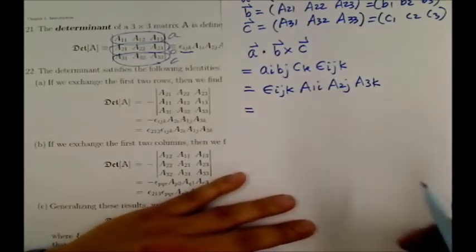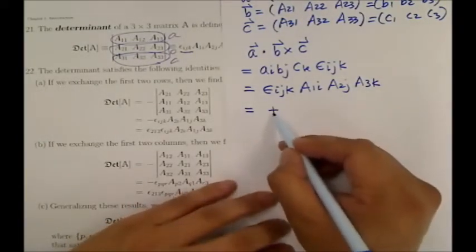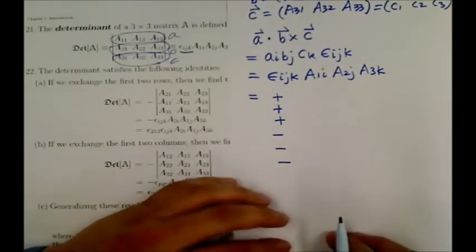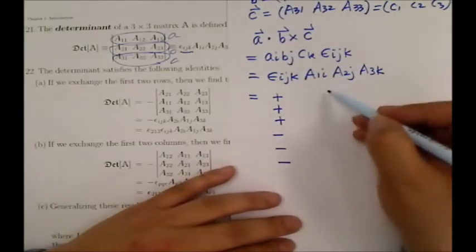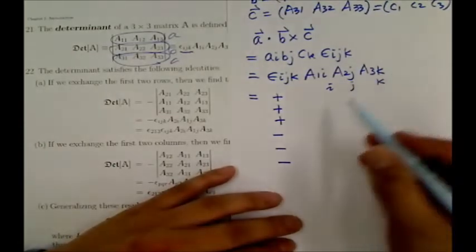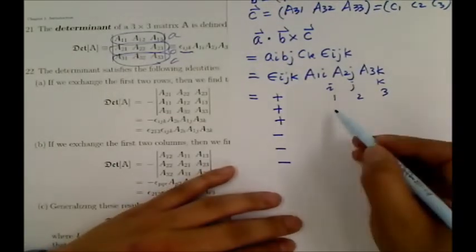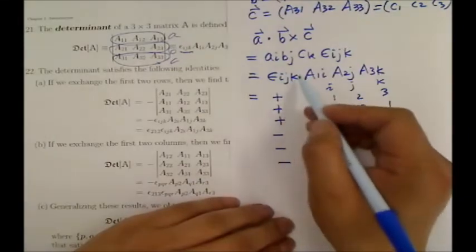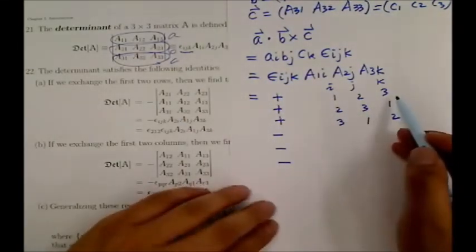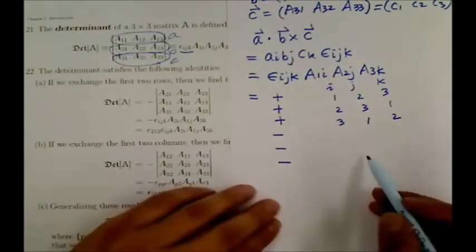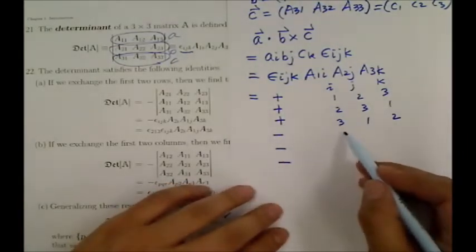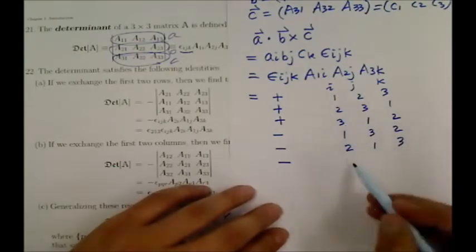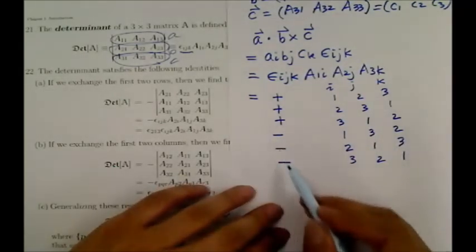And as we remember, these numbers are either plus or minus. There are 3 plus elements and there are 3 minus elements. For ijk, if it is 1,2,3, 2,3,1, or 3,1,2, their Levi-Civita tensors are all plus 1. And 1,3,2, 2,1,3, and 3,2,1 are all minus 1.